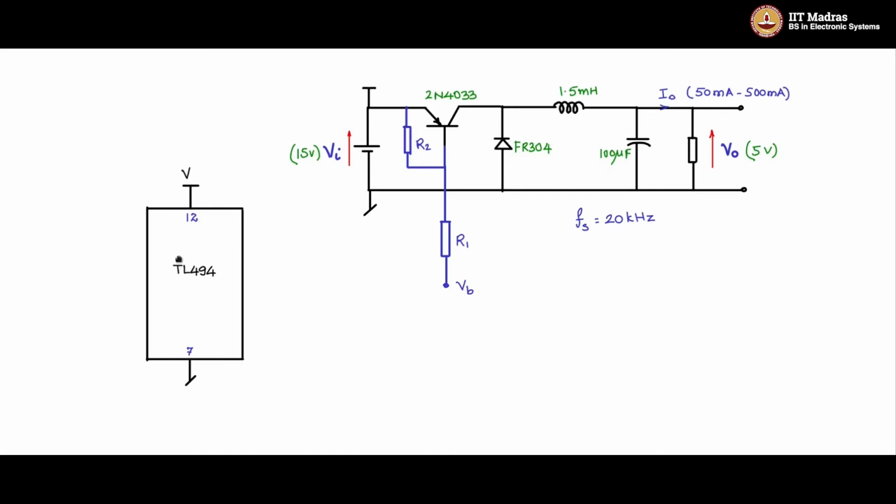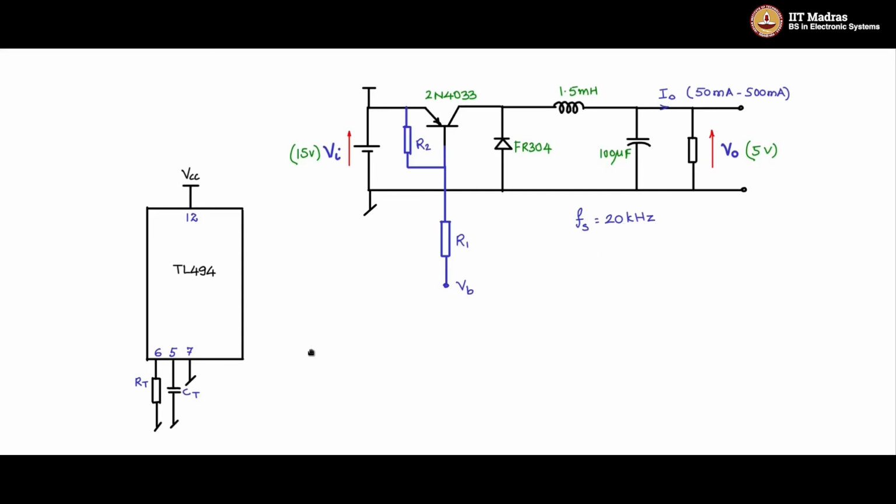Next, I will connect two important components, a timing resistance RT and a timing capacitance CT, to pin 5 and 6. These are precision components. Use a metal film resistance here and use a metallized polyester capacitor for timing.